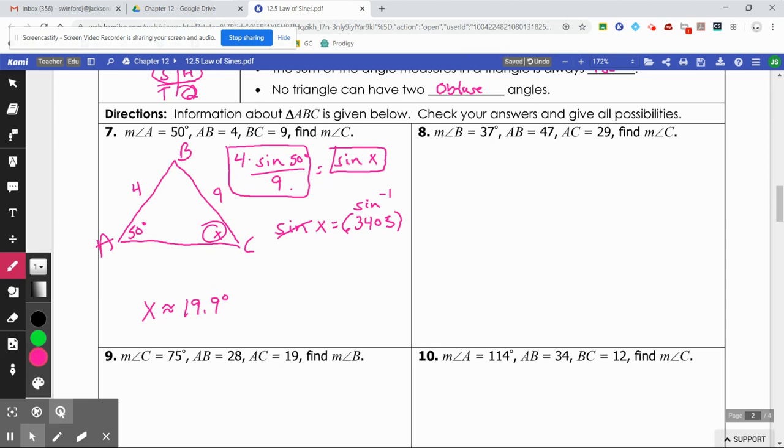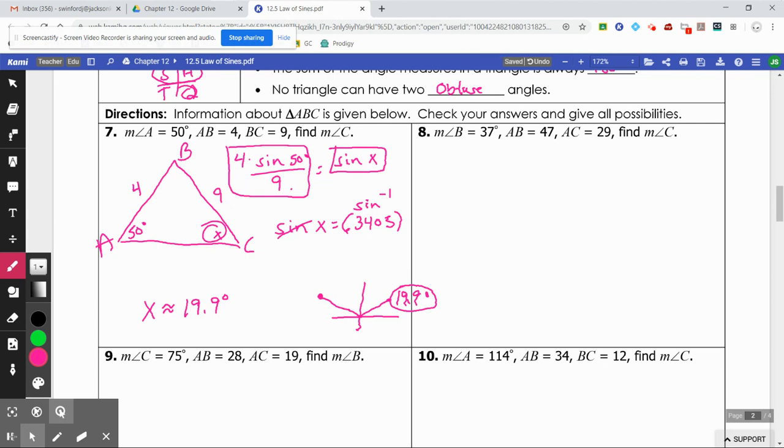But here's the problem, and let's go ahead and clear this up. Your calculator could possibly be lying to you. Because yes, I know the sine of 19.9 is that 0.3405, but if this is a 19.9 degree angle, you've got another answer. If the sine of some angle is 0.3405, this is only one of the many possible answers.